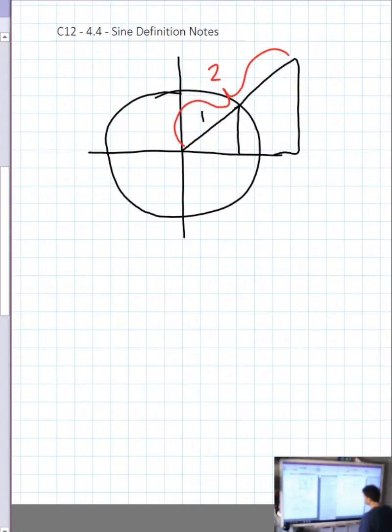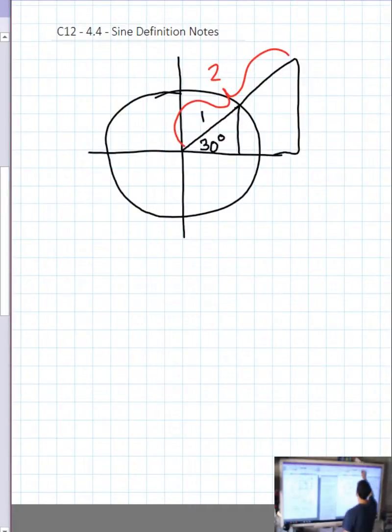And for the sake of it, let's put in an angle of 30 degrees. And sine of 30, from many times in grade 11 and 12 already, earlier in this section before, we know that sine of 30 is equal to 1 over 2.